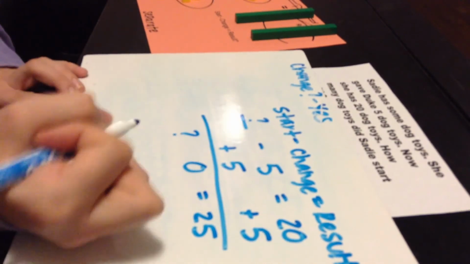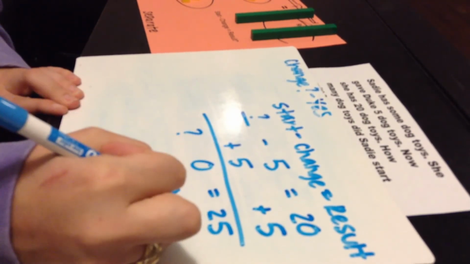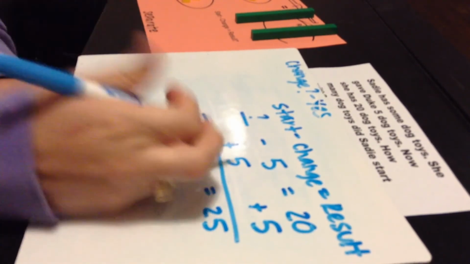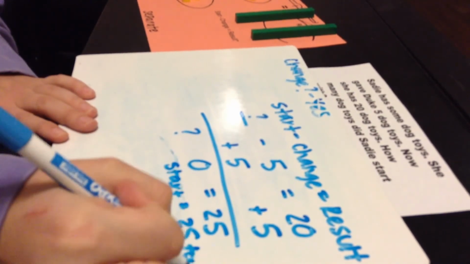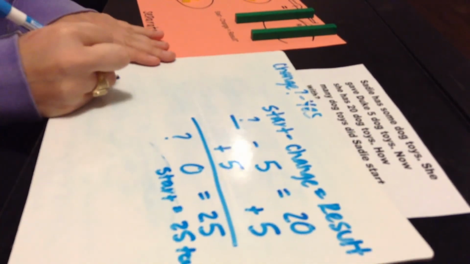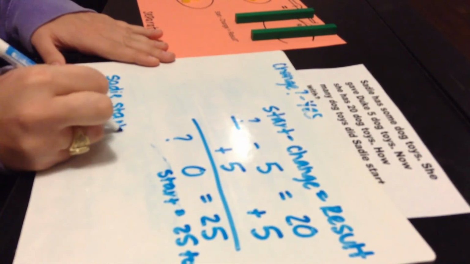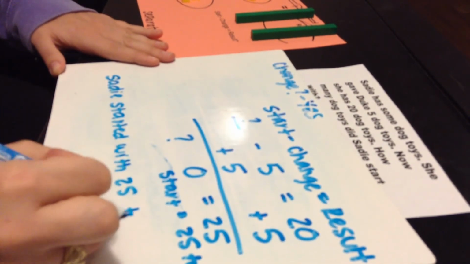So we know that the start is 25 toys. So we know that Sadie started with 25 toys.